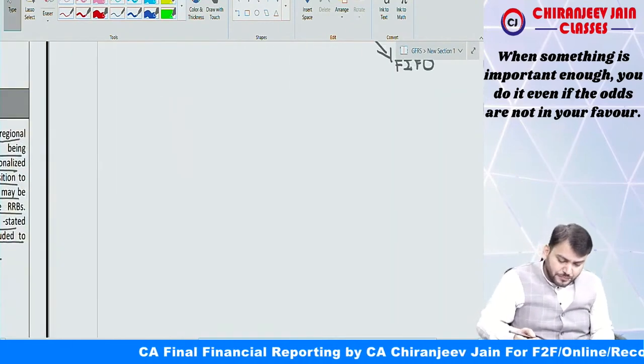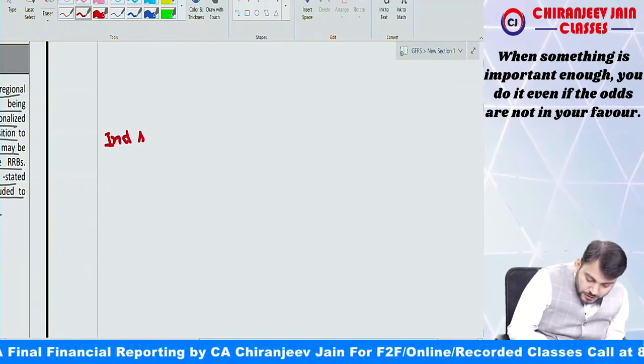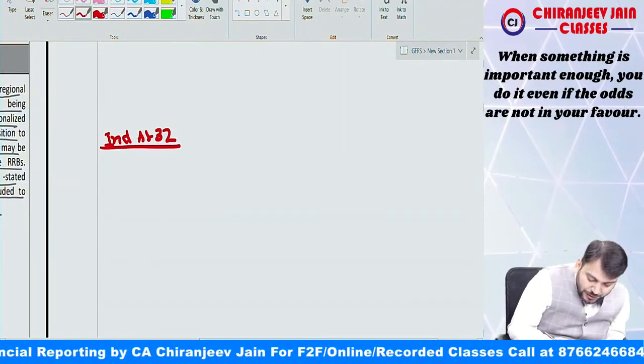That is what Ind AS 32 says. We are doing point number 4.